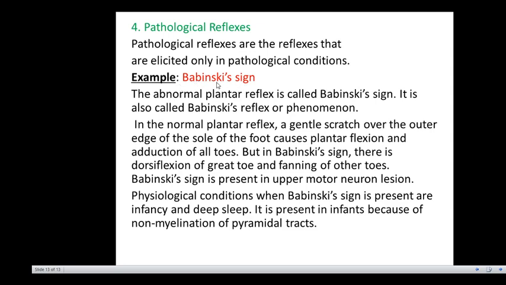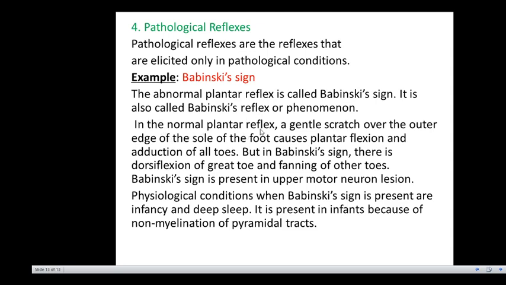Babinski is the name of the scientist. This Babinski sign is the abnormal plantar reflex. It is also called Babinski reflex or phenomenon.